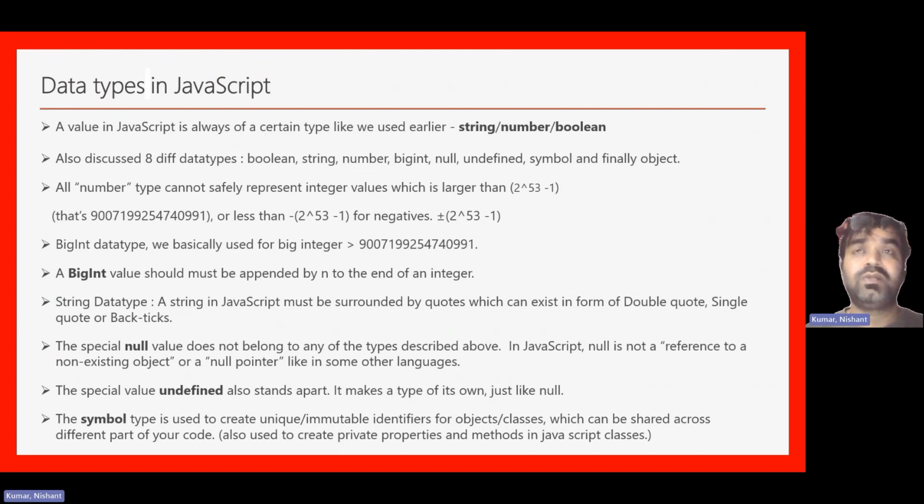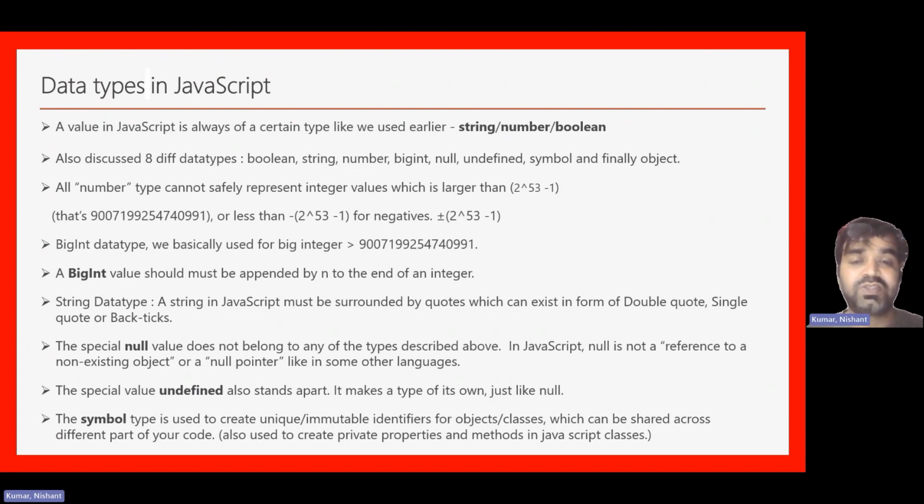To write a BigInt, we use any variable, write the number, and at the end append n to that number. Then JavaScript will automatically take it as a BigInt. From the name itself, you can tell it is related to big integers, which are not handled by number.